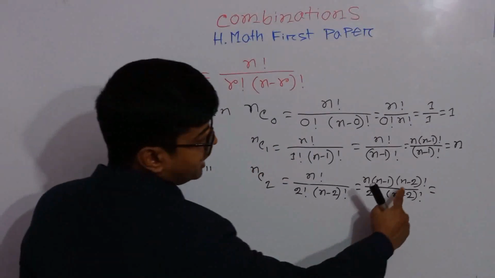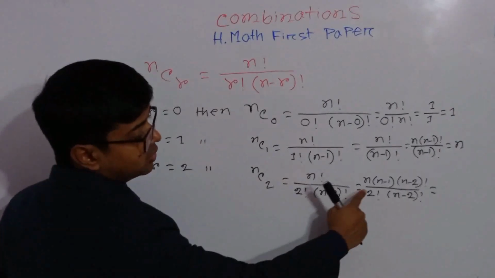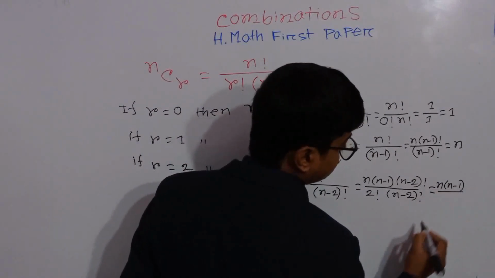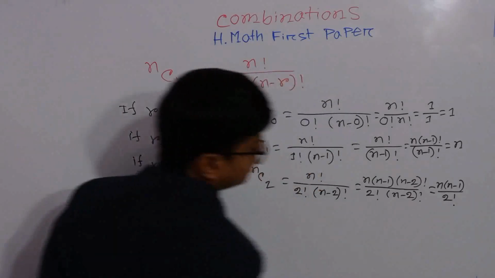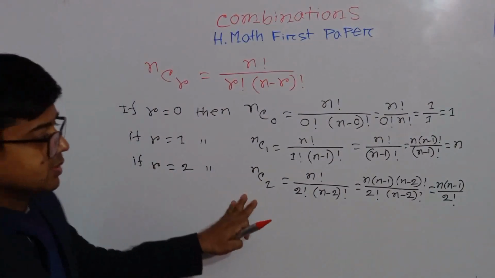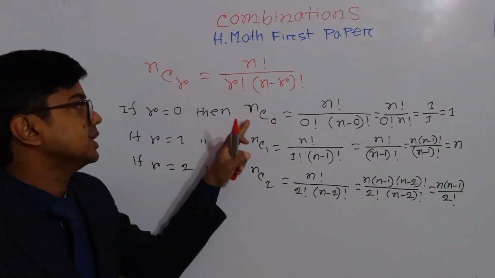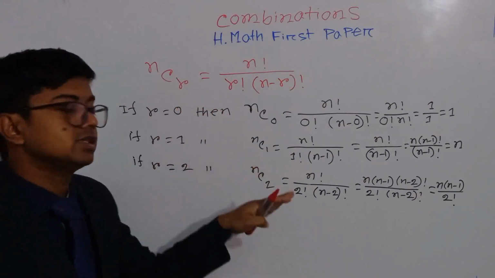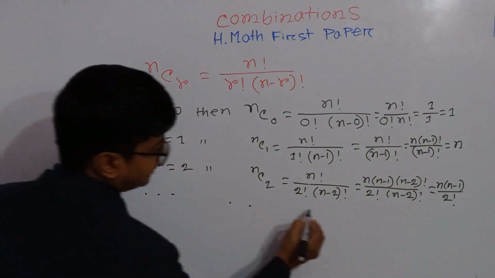So factorial n minus 2 will be cancelled, and our answer will be n into n minus 1 by factorial 2. My dear students, look at this. We can find out the value of nCr for different values of r this way, and so on.